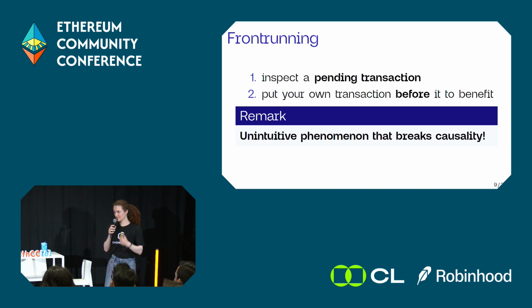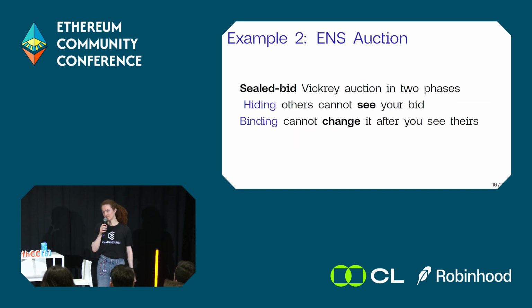Another instance of commit and reveal in smart contracts is also ENS, which is the ENS auction that they ran in 2017, if I remember correctly. So at that point, most of the names went out at once. And to attribute them, they ran a second price sealed bid auction. And they used commit and reveal to implement that. So you would commit to your bid. Everyone could commit to their bid during a certain period.